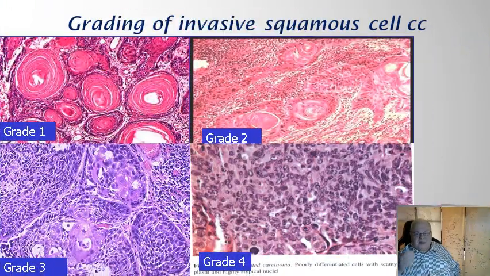And we already saw this image, and we said that according to the presence of these pearls of keratin, we have the gradation system in grade 1, 2, 3, and even grade 4, when the squamous carcinoma is not anymore even organized in islands, it's not anymore a squamous carcinoma, and it's now called undifferentiated carcinoma.